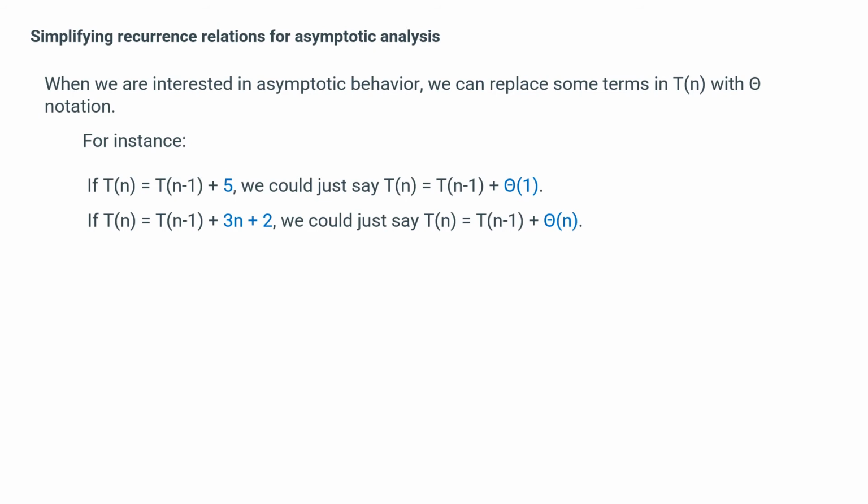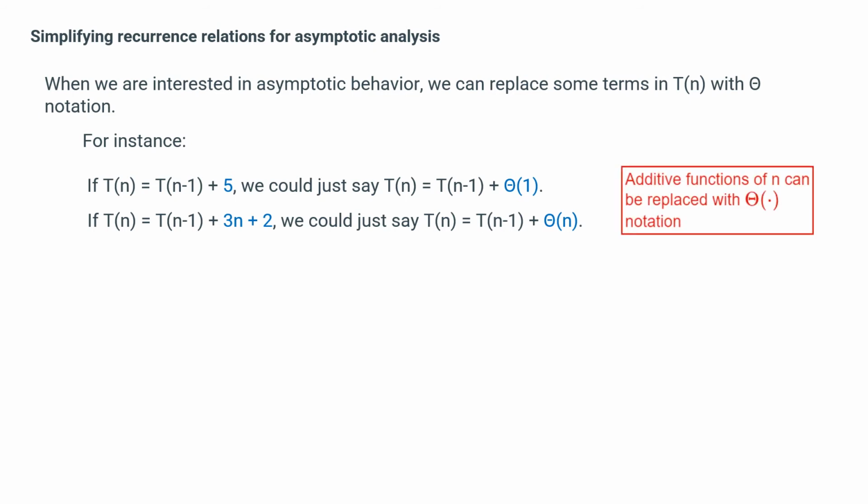That's some of the stuff that you need to do, which is fairly simple: just taking anything that's not involved in that T, the other little terms in there, and reducing those to what they are in terms of theta. So additive functions of n can be replaced with theta notation.